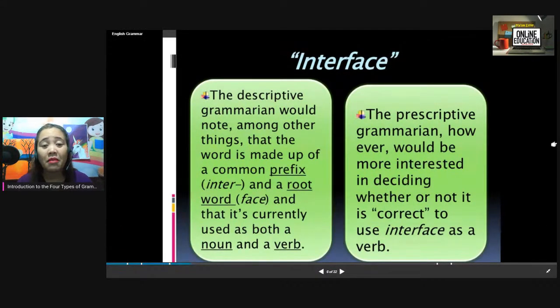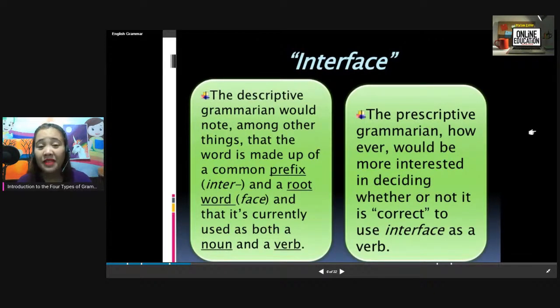Interface. The descriptive grammarian would note, among other things, that the word is made up of the common prefix inter and a root word face, and that it's currently used as both a noun and a verb. That's for the descriptive.